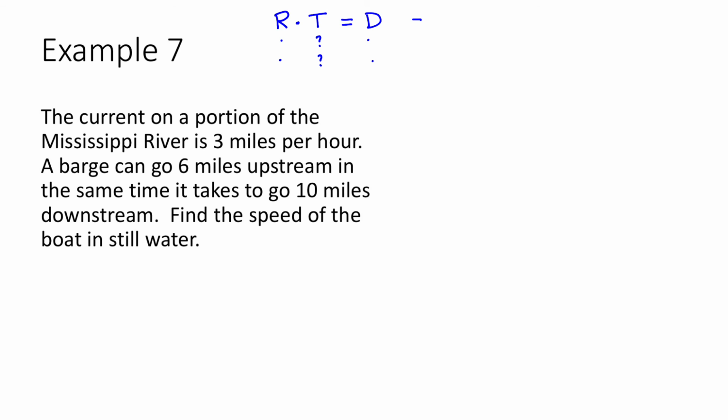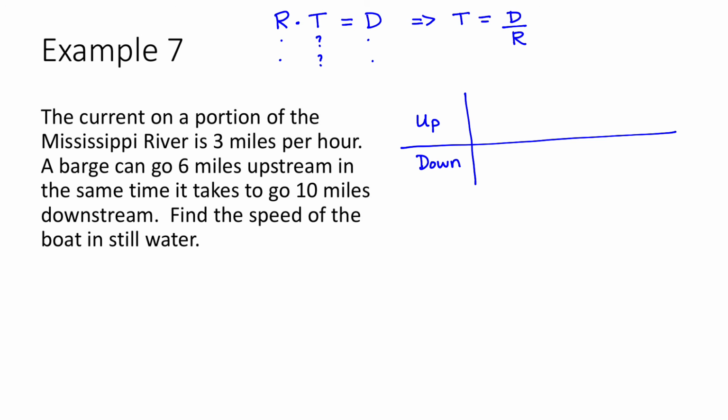So what I'm going to do is solve this formula for time, and say time is distance divided by rate. So we have a boat going upstream, and it also goes downstream. When it's going upstream, it goes 6 miles. When it goes downstream, it's going 10 miles.